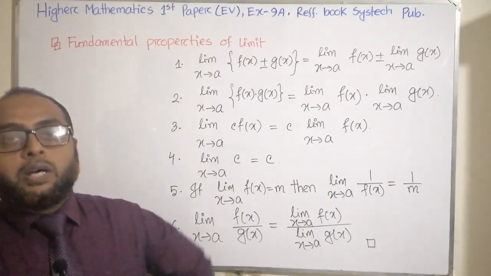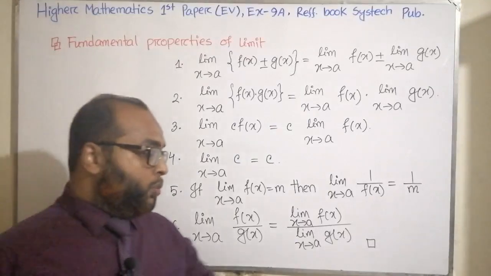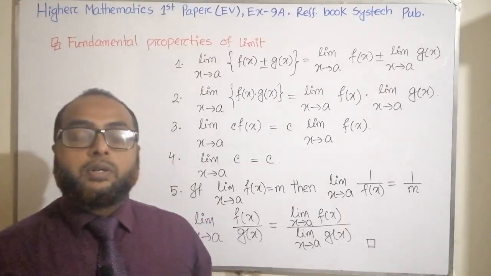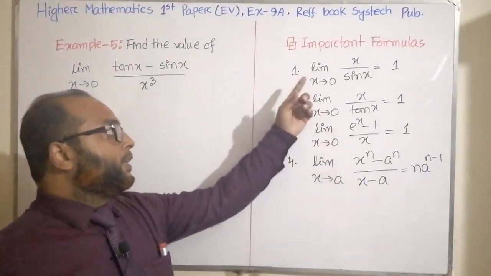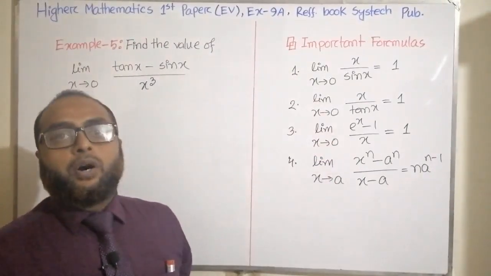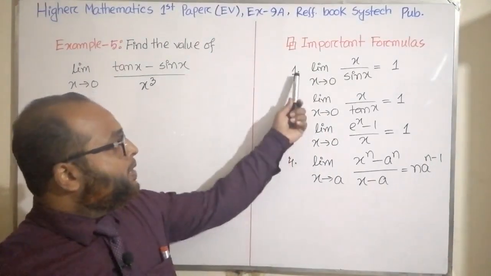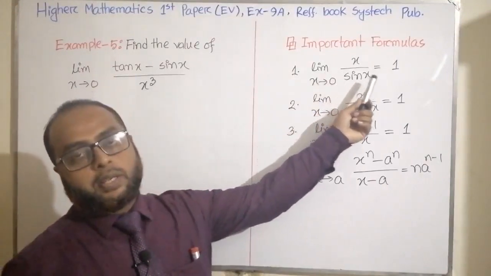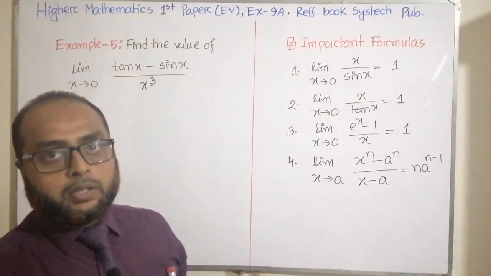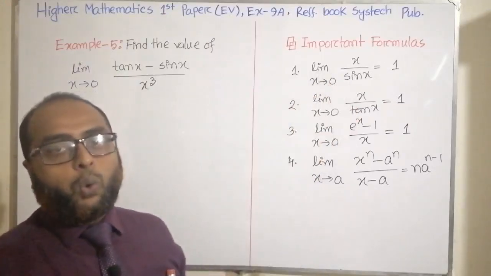Okay students, now let us see some important formulas to do maths from this. My dear students, these are the important formulas of limit. Number 1, limit x tends to 0, x divided by sin x, equals 1. Also sin x by x equals 1.